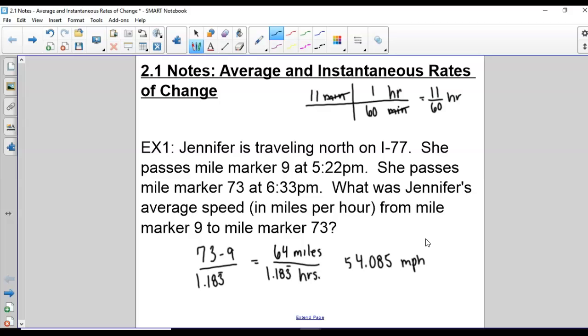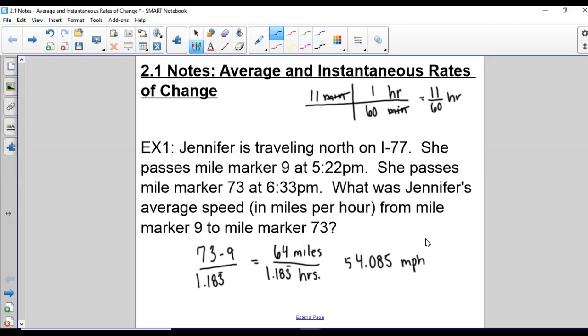So while the average speed tells us something about Jennifer's trip, if we really wanted to know about Jennifer's trip from Charlotte back towards Elkin, it would probably be helpful to know her instantaneous speed at different times. So exactly how fast. At maybe 5:32, she might have only been going 15 miles an hour because she's stuck in bad traffic.